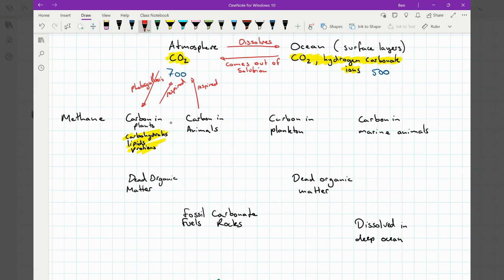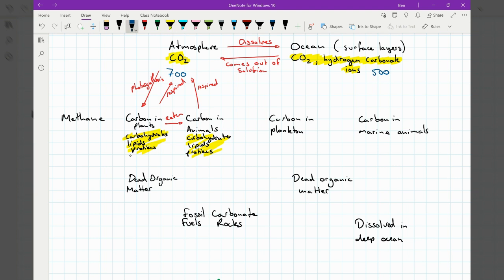And the animals will eat our primary producers, our plants, making our animals our consumers, and they have the same forms of carbon in them as well. So carbohydrates, lipids, and proteins. And these are quite big stores.